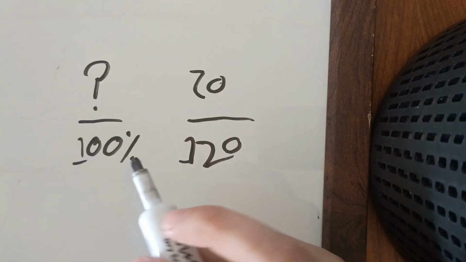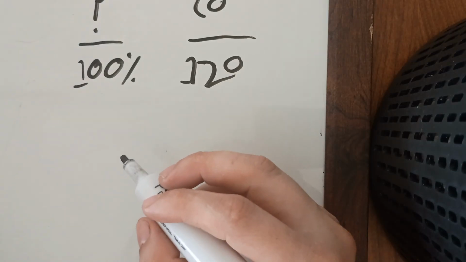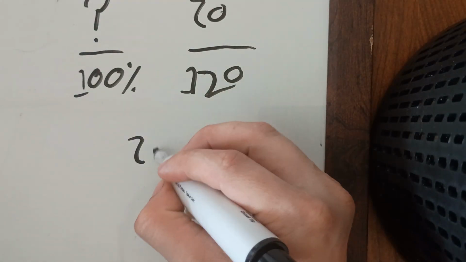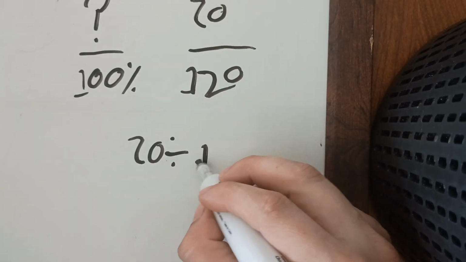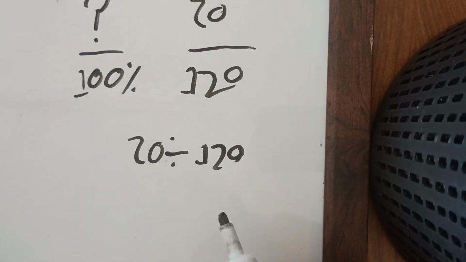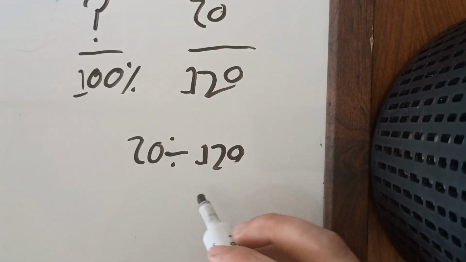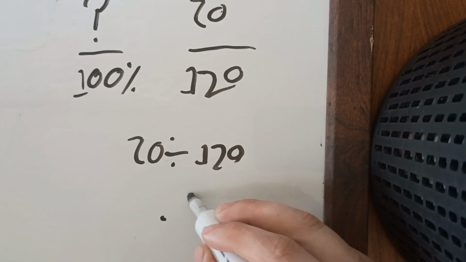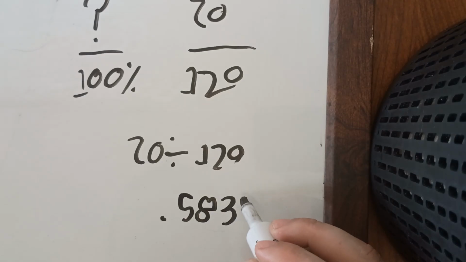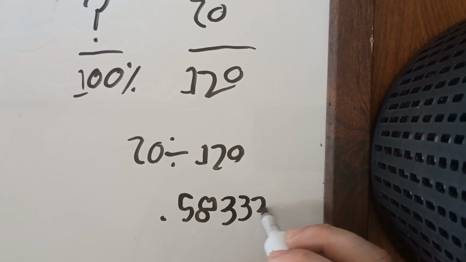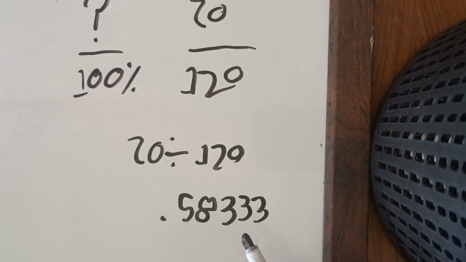To do that, you would have to take 70 and divide it by 120. That, I've got it written down over here, is going to be 0.583, and I think it kept on repeating 3333, all of that.